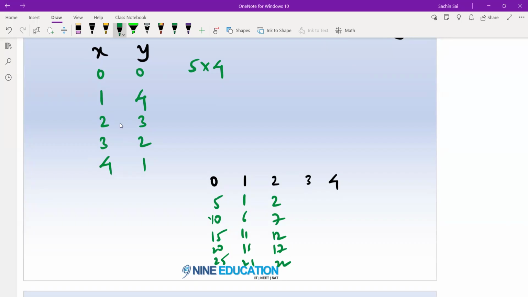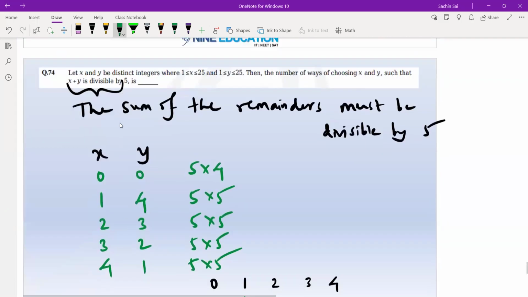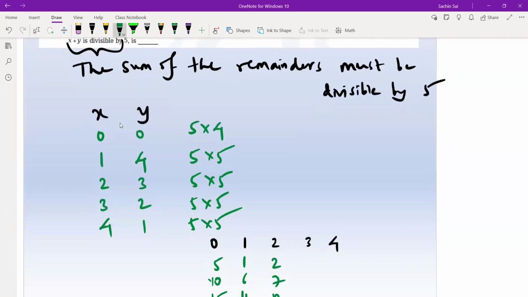But when it comes to the second group, X must leave remainder 1, Y must leave remainder 4. You can do this in 5 into 5 ways. Same goes here, same thing here, and same thing here, right? So the number of ways of choosing X and Y, if X and Y are distinct, will be 4 times 5 square plus 5 into 4.